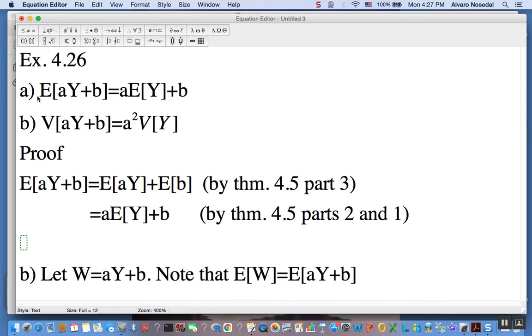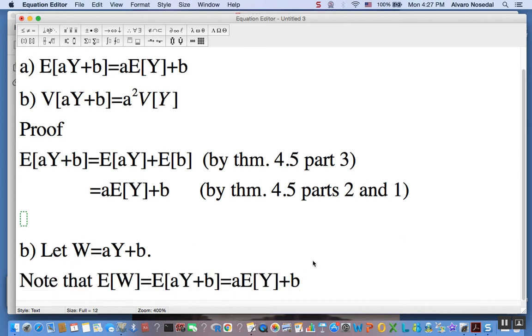But from part A we know that the expected value of W will be a times the expected value of Y plus b. Let me write it down here, from part A.